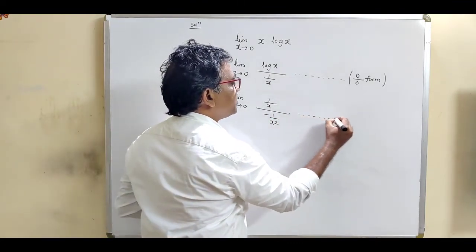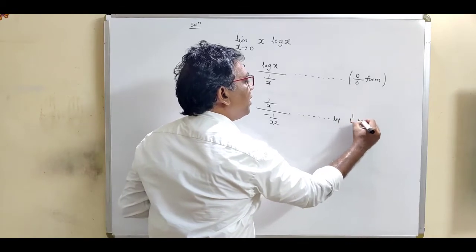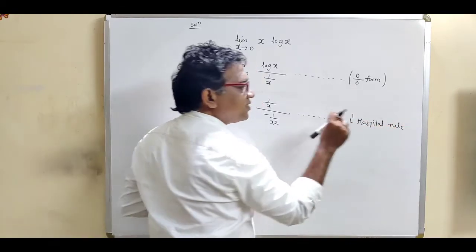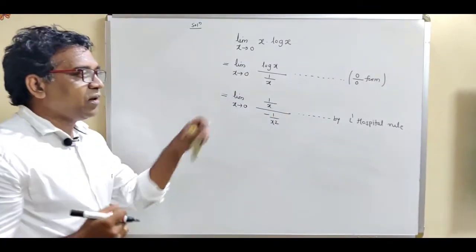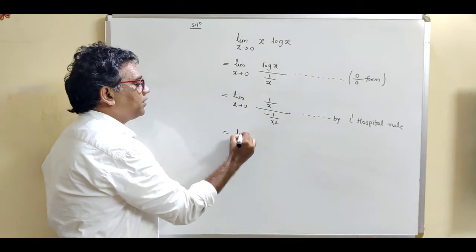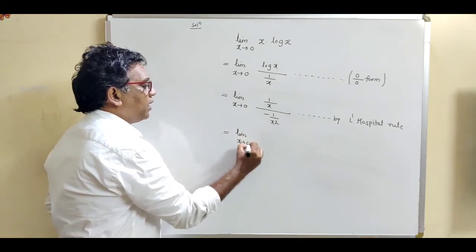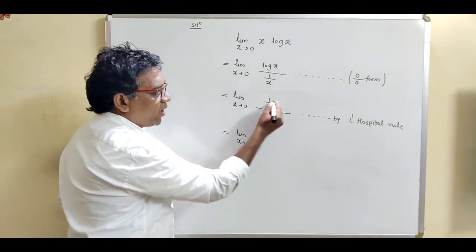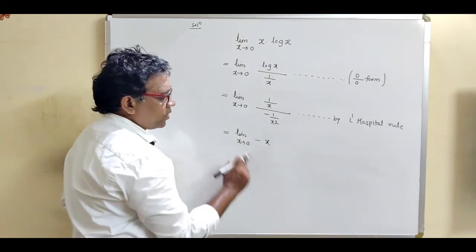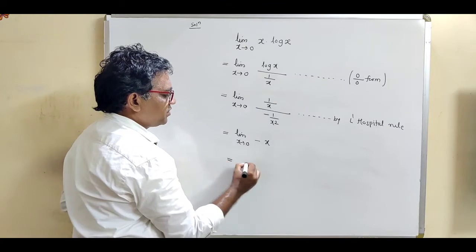Just give the reason by L'Hopital rule. So just simplify. This is equal to limit x tends to 0. Now x square and x get cancelled, this is minus x. Put x equal to 0. So this is the limit.